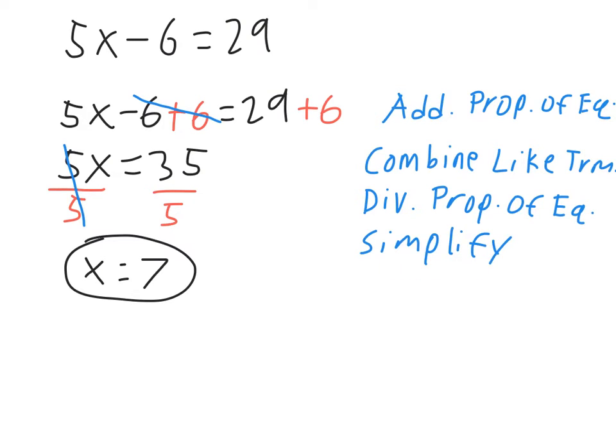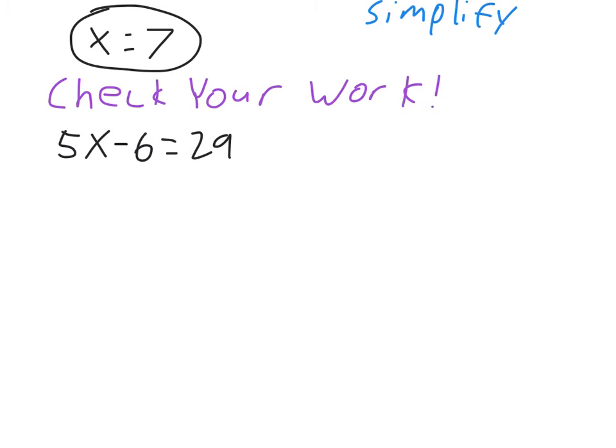Before we move on to the next example, I want to show you how to check your work. Hopefully you already know how to do this, but if not, here is a quick example. Notice that I rewrote the problem, 5x minus 6 equals 29, and we know that x equals 7.